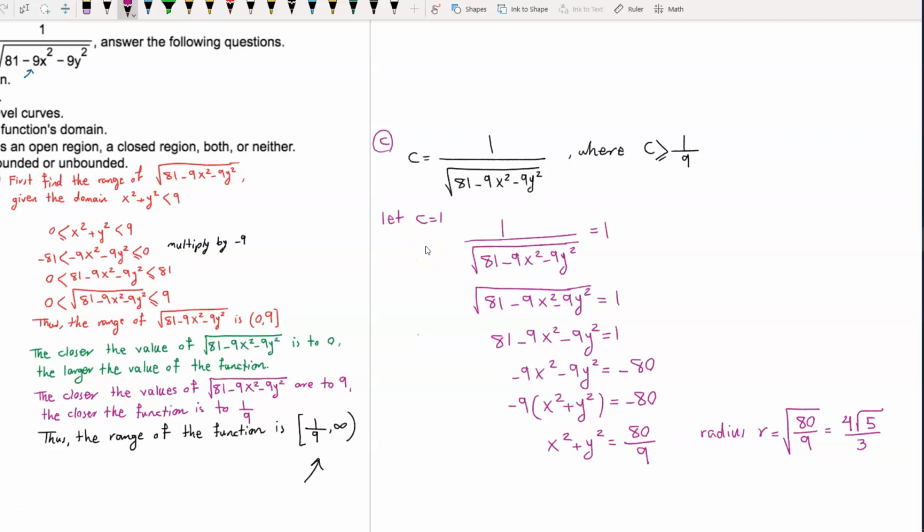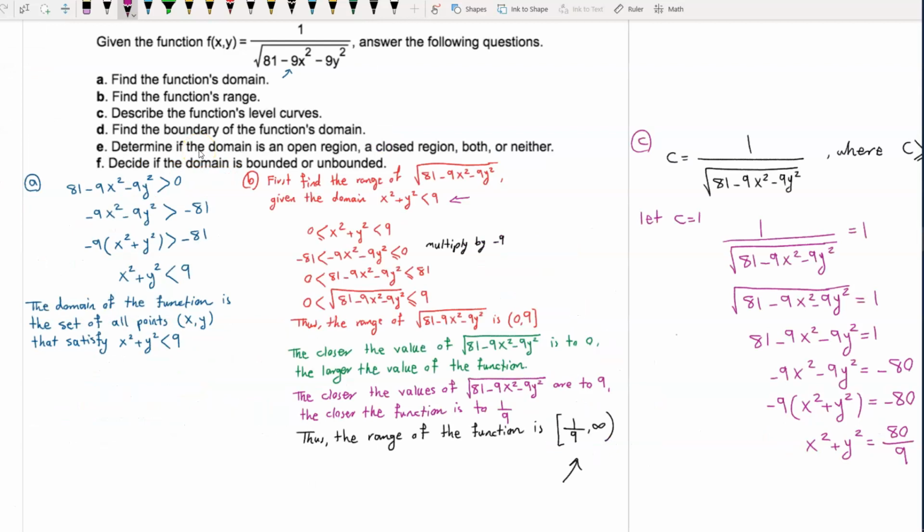And since the domain of the function is the set of all points x, y that satisfy x squared plus y squared less than 9, the circles that are the level curves of f of x, y will have to have radius less than 3. So based on what we had here, we try to find a radius that is less than the square root of 9, so it is less than 3.